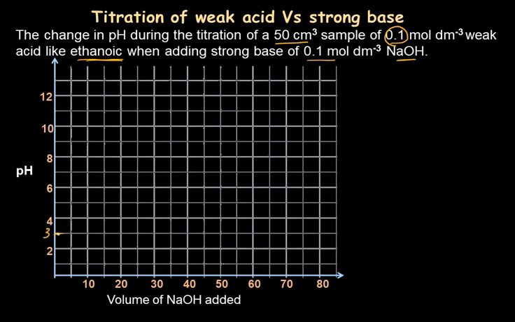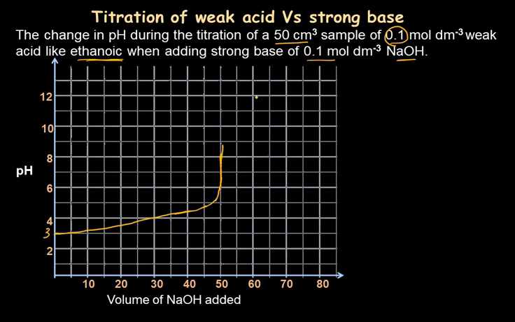So here, as it's a weak acid, we won't get a horizontal line. It should be a curve which is rising gradually with the addition of the strong base. So it goes up, and at 50 centimeter cube it increases sharply with a vertical line.